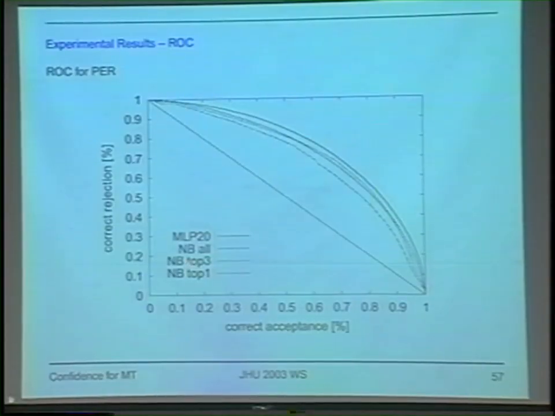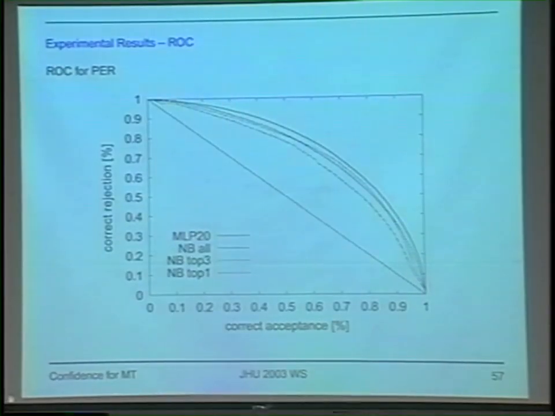And we see that if we use the top 3 models, we get something that improves on this. And the combination of all the features using the naive Bayes is pretty similar to the top 3 features, but we still get better if we use the MLP with 20 units to train the whole thing.